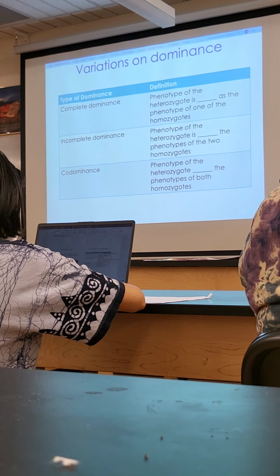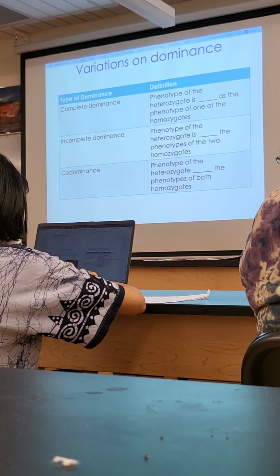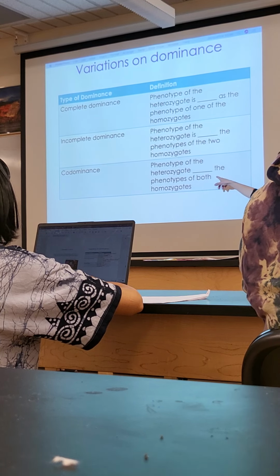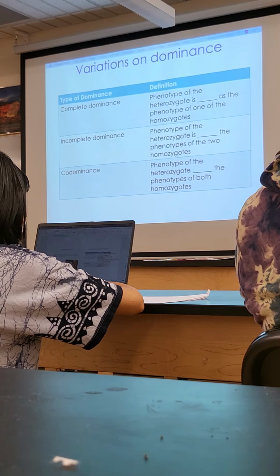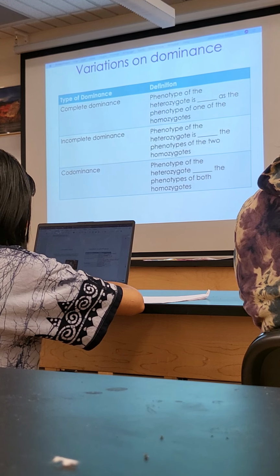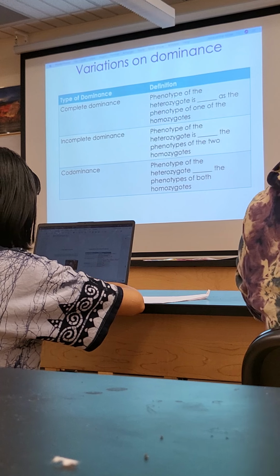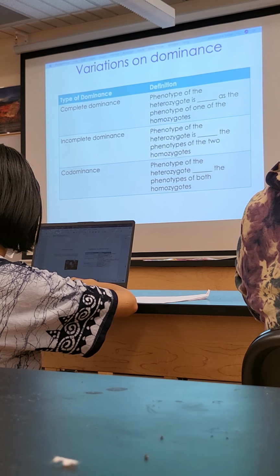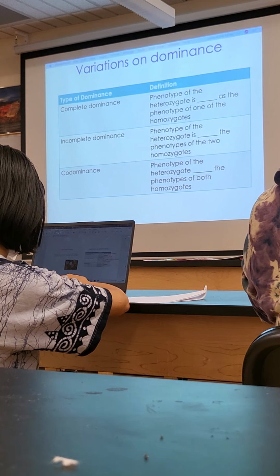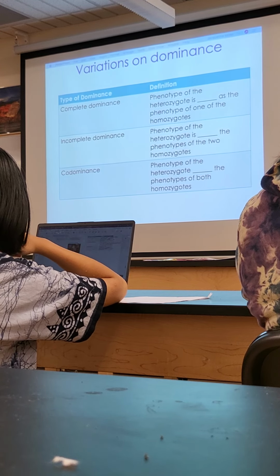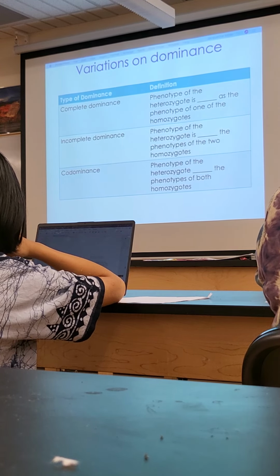And then codominance: the phenotype of the heterozygote expresses the phenotypes of both homozygotes, or, yeah, both alleles are expressed in that one. I said it includes the phenotypes of both of the homozygotes. All right, so everybody have a good understanding of these?